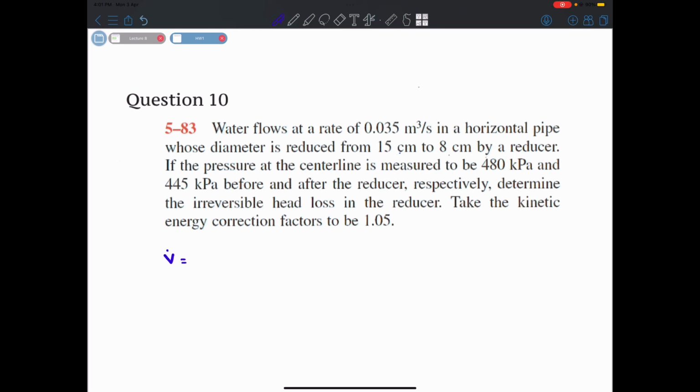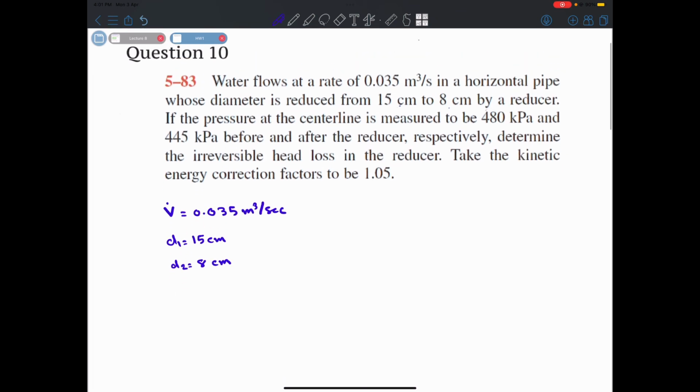The volume flow rate is equal to 0.035 meter cube per second, diameter 1 is equal to 15 centimeter, diameter 2 is measured to be 8 centimeter, P1 is equal to 480 kilopascal, and P2 is equal to 445 kilopascal, and the kinetic energy correction factor is equal to 1.05.